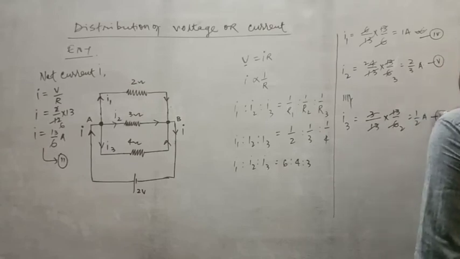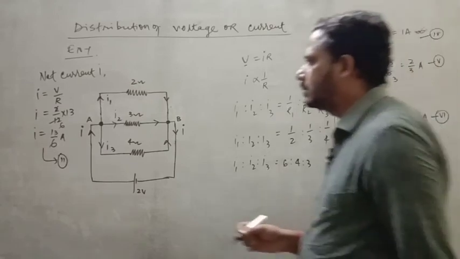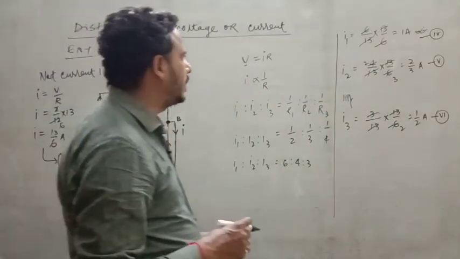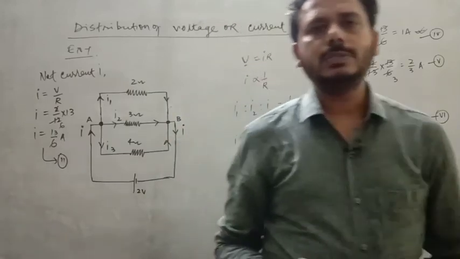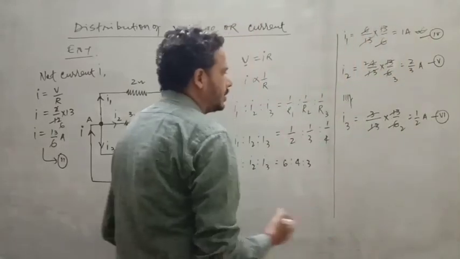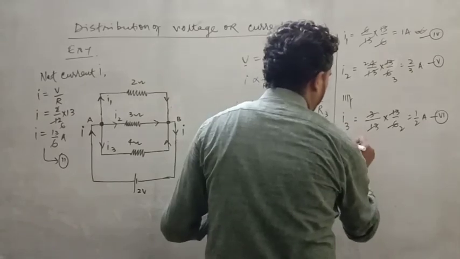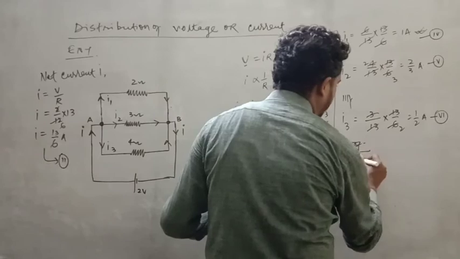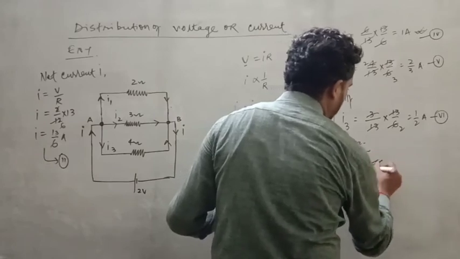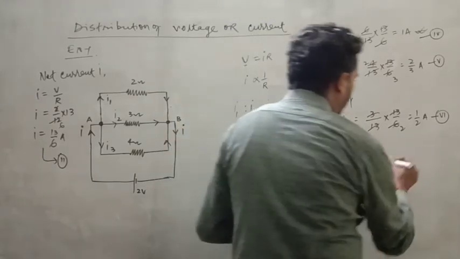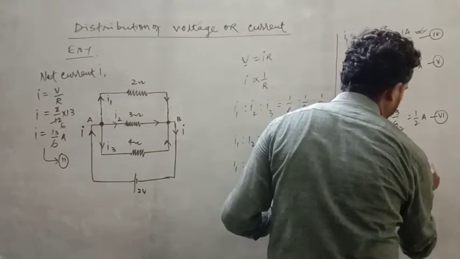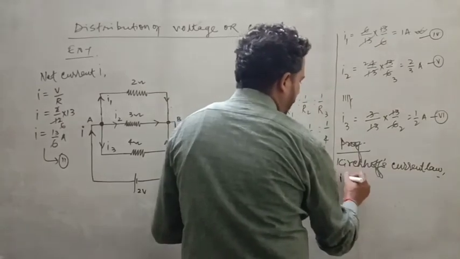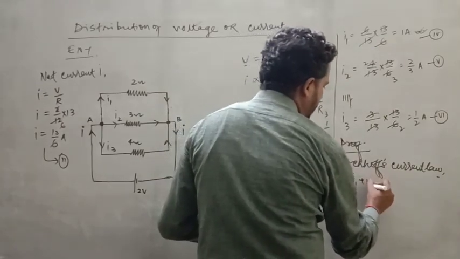If you want to check whether what you have calculated for I1, I2, I3 is right or wrong, simply use Kirchhoff's current law. Proof: I is equal to I1 plus I2 plus I3.